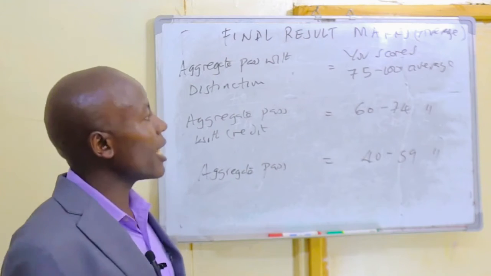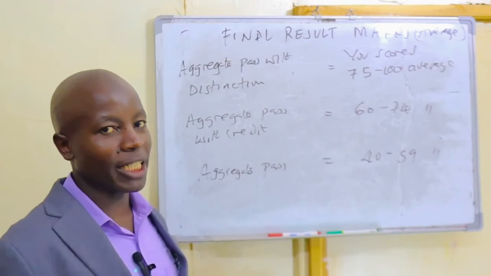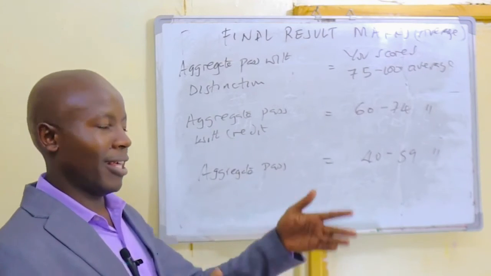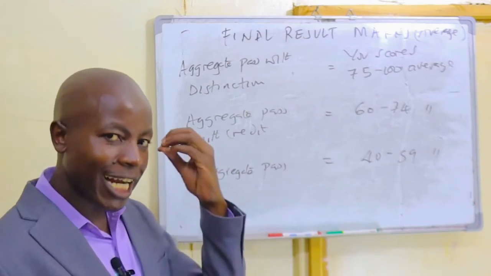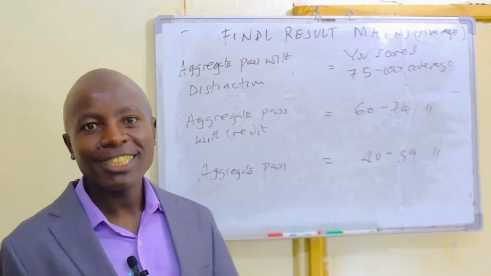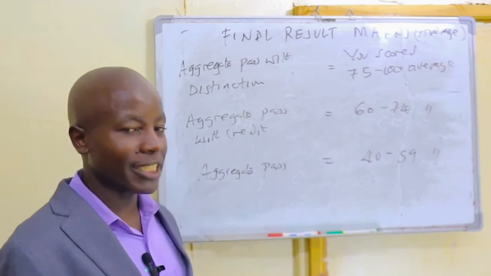Aggregate pass with credit, you got between 60 to 74. So in all the subjects, you scored anywhere between 60 to 74. When they do the average, that is how they will say you passed with credit or you got a credit pass. Final one, in terms of passing, is the aggregate pass. If you got an aggregate pass, very simple.